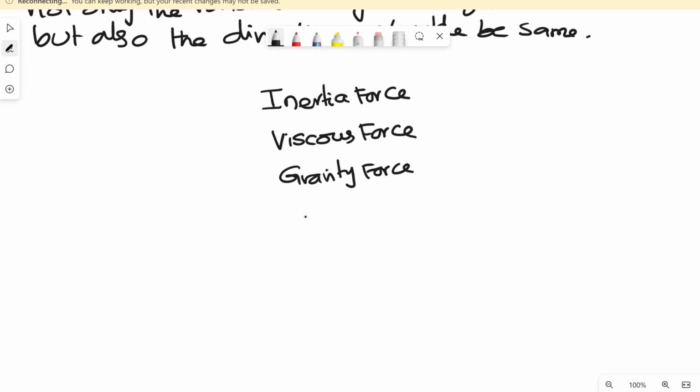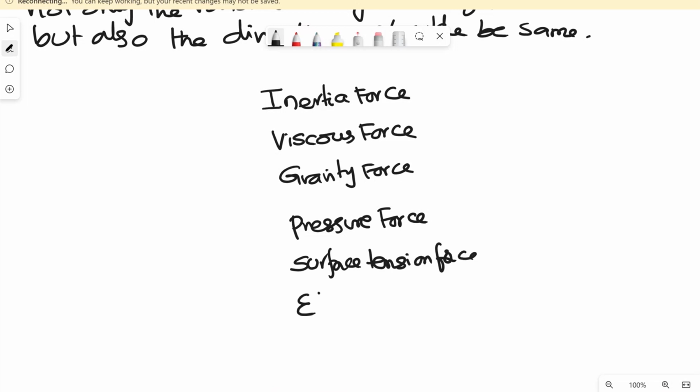The next one is pressure force. Then we have surface tension force. And the last one is elastic force, which is also compressibility force. So these are the six forces.